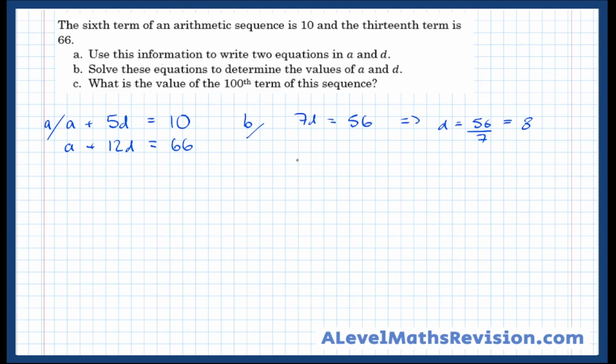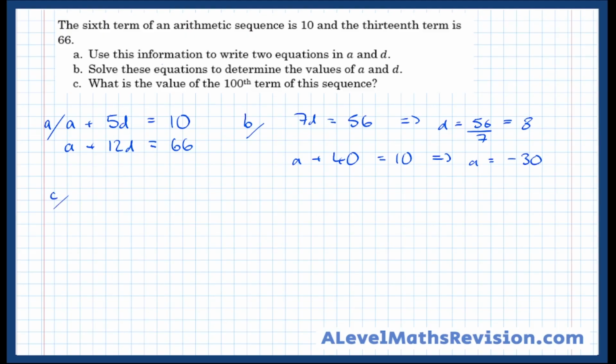Subbing that into the other equation, A plus 40, because 5 times 8 is 40. A plus 40 equals 10, which means that A equals minus 30 in this case. So the first term is minus 30.